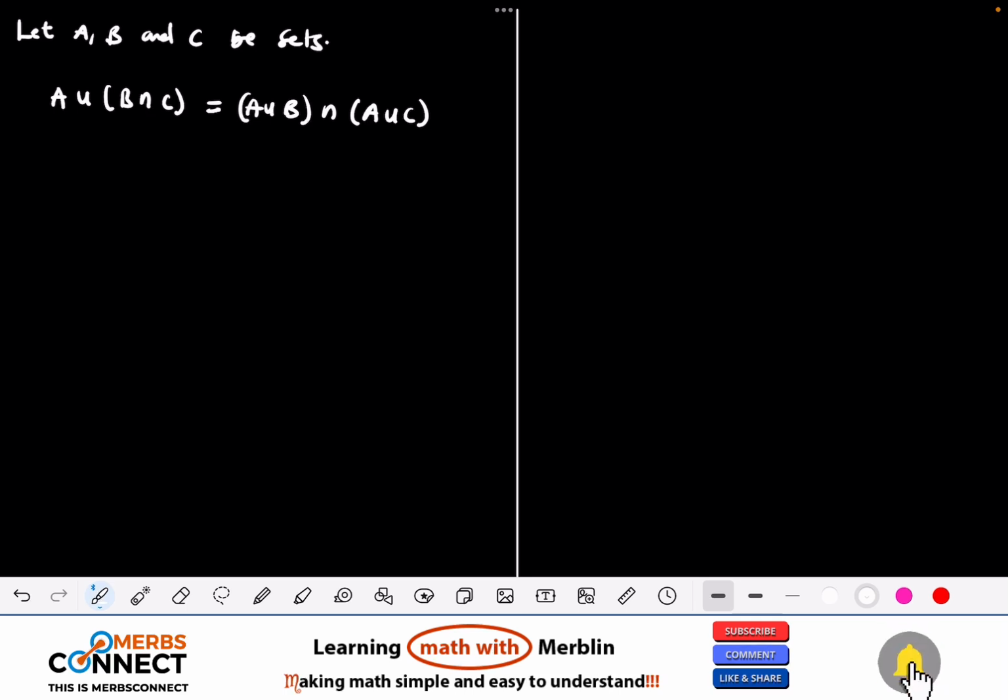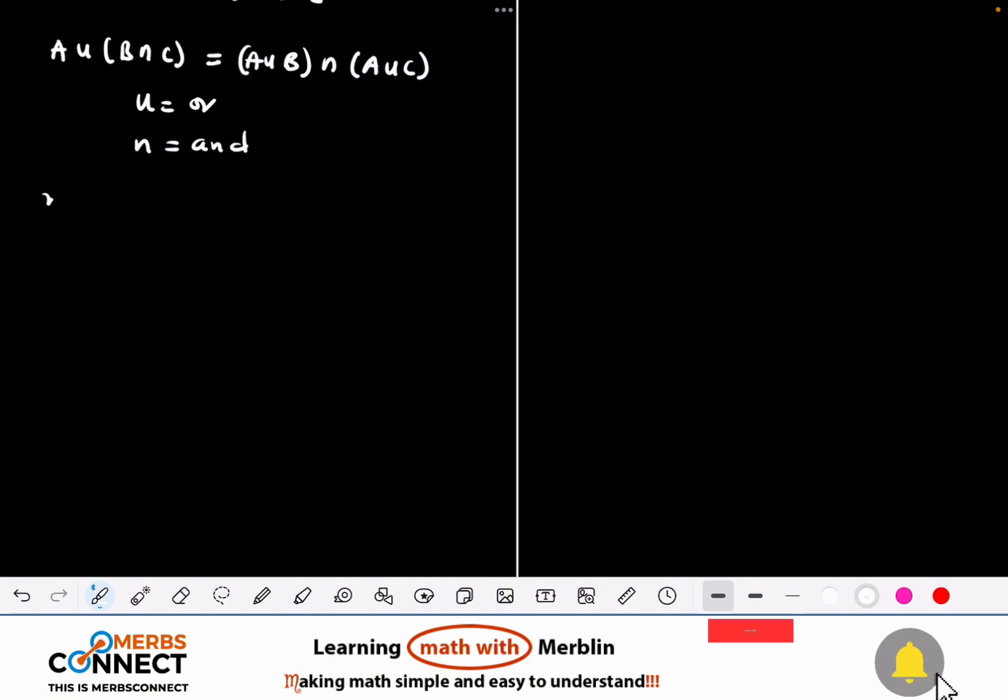What are we going to do here? We have the union and we have the intersection, so don't forget union or intersection. Let's start by saying let x belong to A union (B intersection C), which belongs to (A union B) intersection (A union C). And that also belongs to (A union B) intersection (A union C).